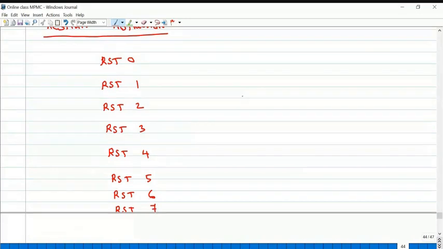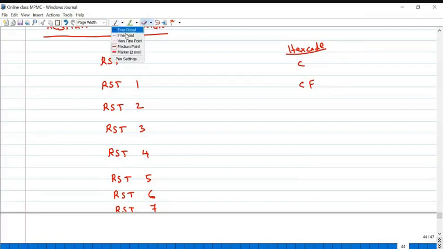So what is the hex code for this? That is the opcode. C7. This is CF. The first one is C7. No need to remember this.